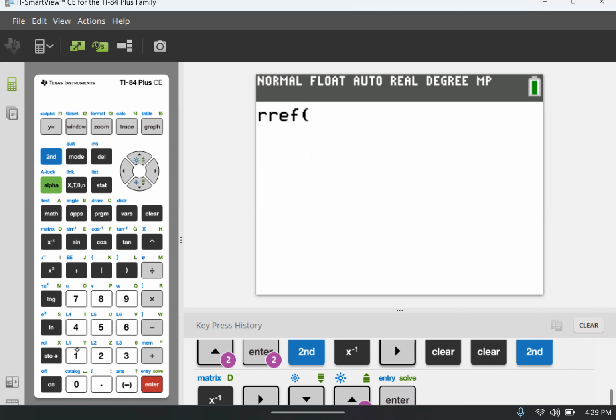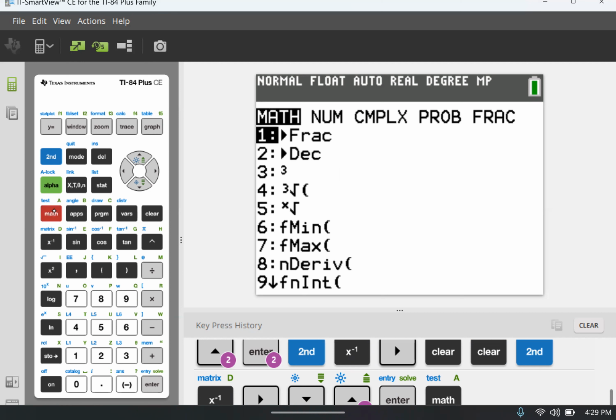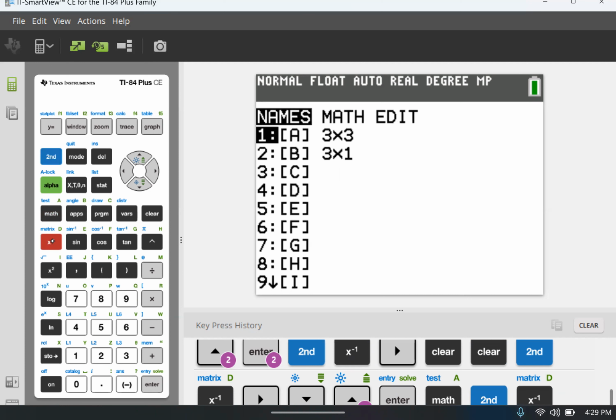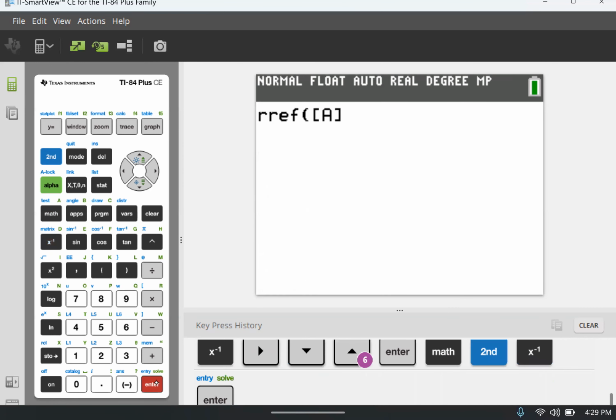So I'm going to RREF matrix A, and I get the identity matrix. So either way, it shows that this is linearly independent.